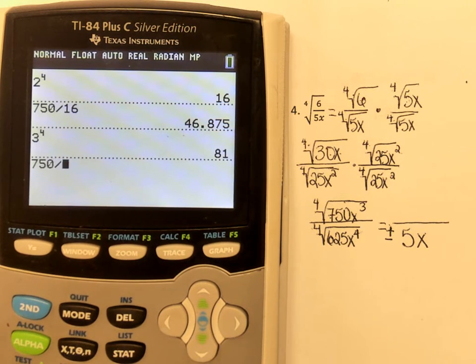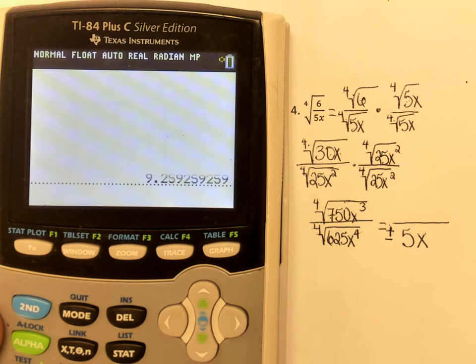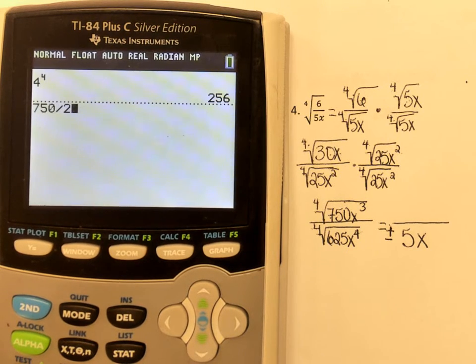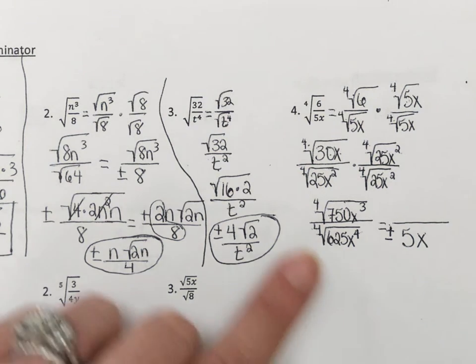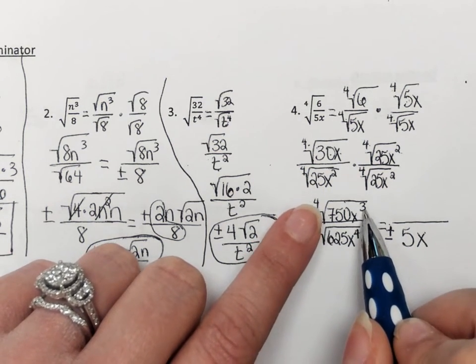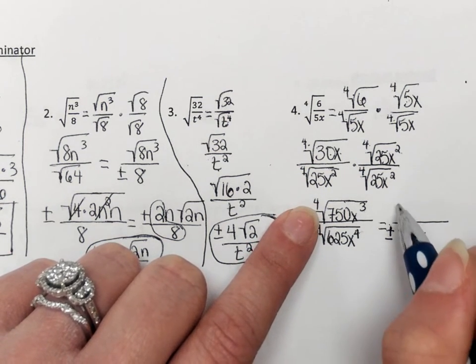Let's see if that divides into it. Nope. What's the next one I would do? 4 to the 4th. I doubt that goes. Nope. All right, 5 to the 4th. Nope, that's not going to go. Okay, so we just leave it alone. What about the x to the 3rd? Can I fix that to have a 4 in it? No, so I'm just going to leave it alone.